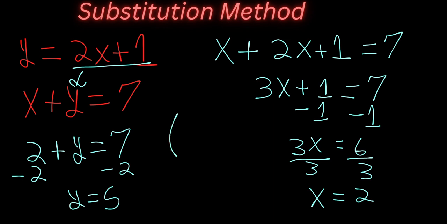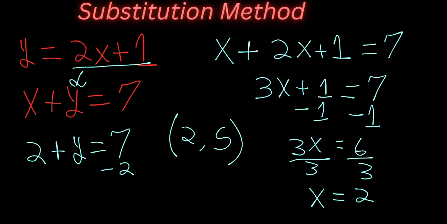We have now found our solution. It is the point 2, 5, an ordered pair. This is the x and y value that satisfies both of these equations, and we can simply plug them back in to confirm it. Does 5 equal 2 times 2 plus 1, as this top equation demonstrates? Yes, it does. And does 2 plus 5 equal 7? It in fact does. So that is a correct answer.